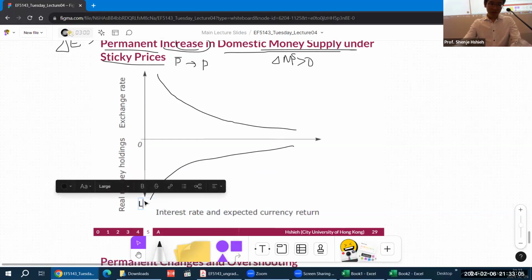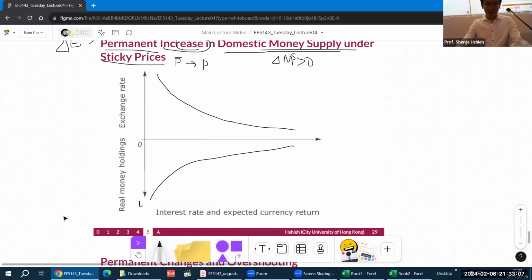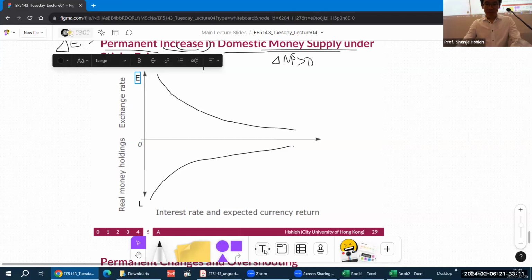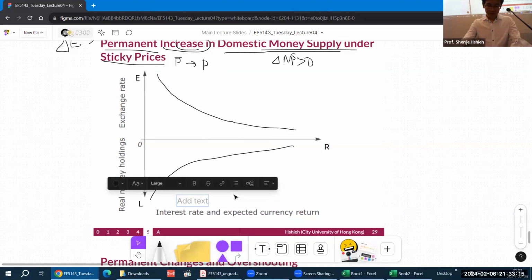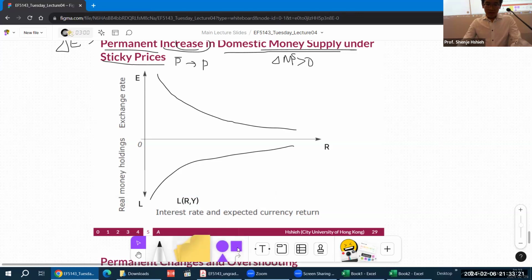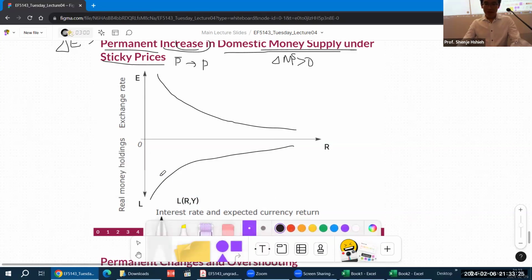Let me label the axis. Let me tell you what this line is. It's the liquidity demand function. There is going to be a money supply curve.